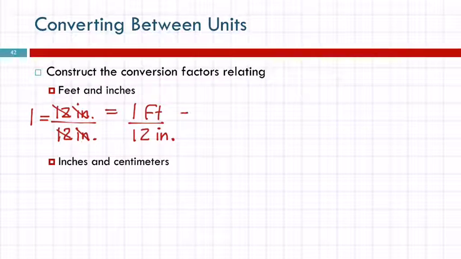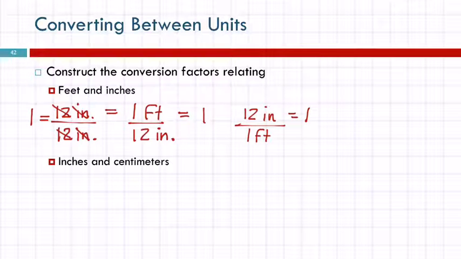1 foot over 12 inches is equal to 1. What? How do you do that? It's magic. No, it isn't. What if I flip that upside down? It's 1, right? If I flip it upside down, it's still 1. I could have 12 inches over 1 foot, and that's also equal to 1.